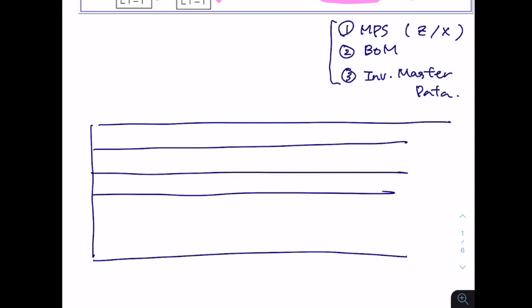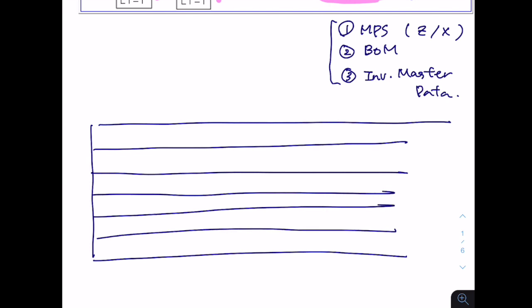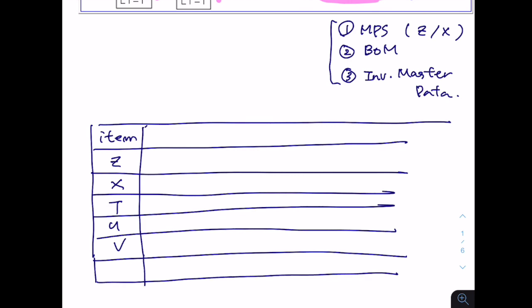Here we have item or material, and we have Z, X, T, U, V, I forgot one more here, V, and W. So what information do we have?